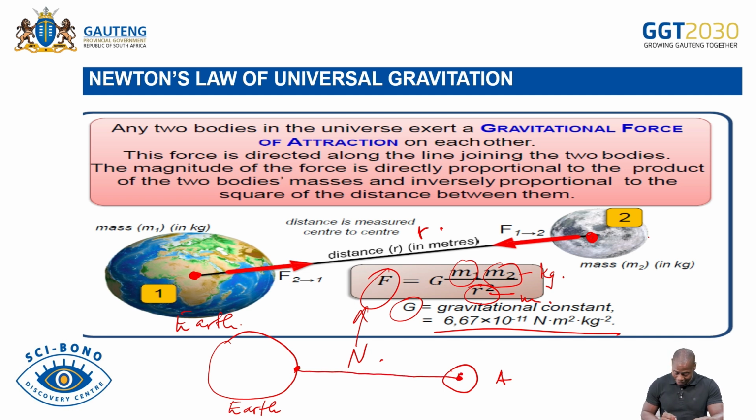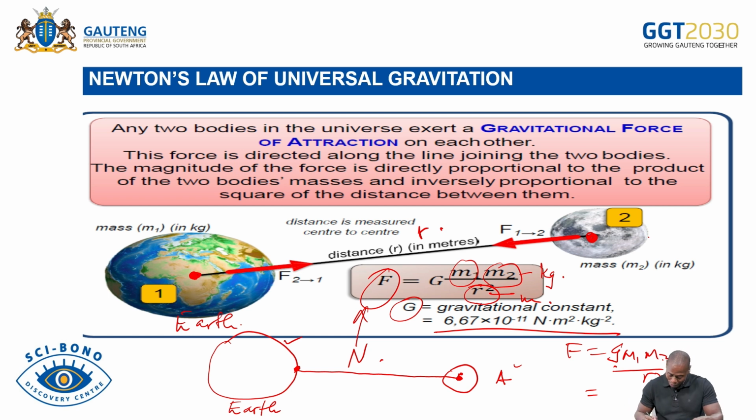So when you do your calculations, you need to be careful, especially when it comes to the issue of R. F is given by G M1 M2 over R squared. This G is the constant 6.67 times 10 to the power negative 11. M1 will be the mass of object A, and M2 will be the mass of the Earth, or the other way round, it doesn't matter. The order does not affect the answer.